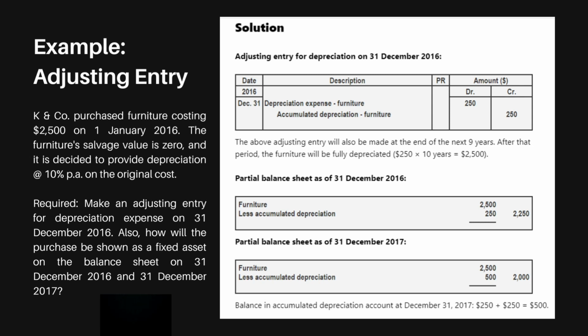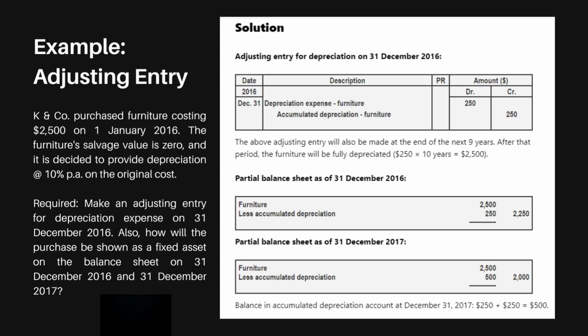Required is to make an adjusting entry for depreciation expense on 31st December 2016. Also, how will the purchase be shown as a fixed asset on the balance sheet on 31st December 2016 and 31st December 2017?